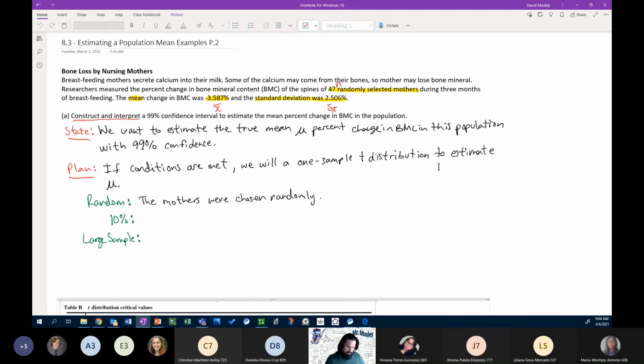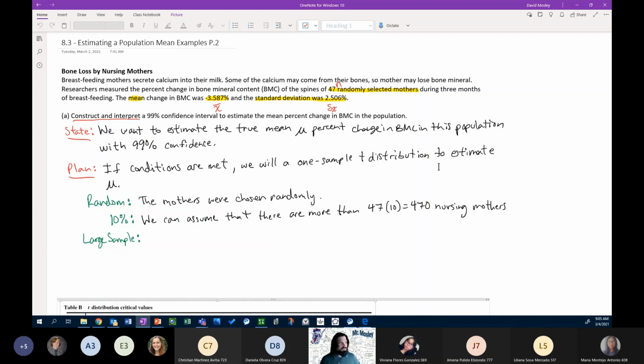10%. We can assume there are more than 47 times 10 equals 470 nursing mothers.